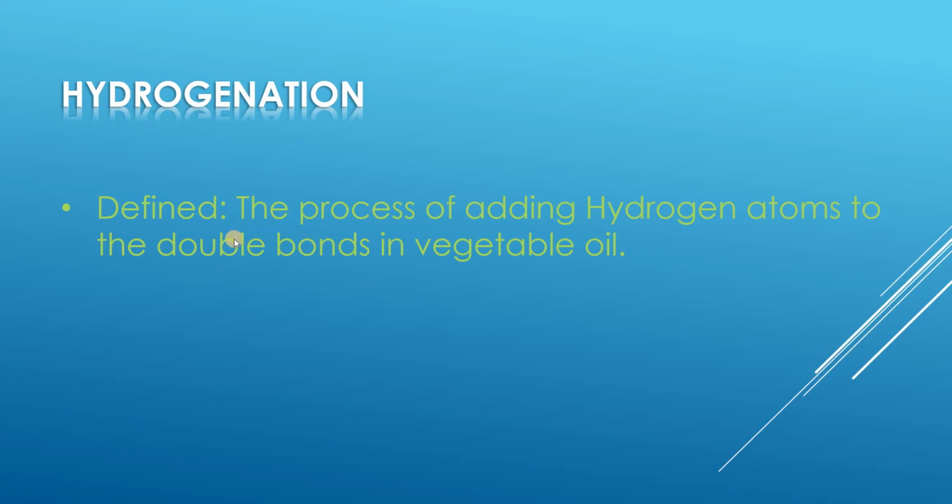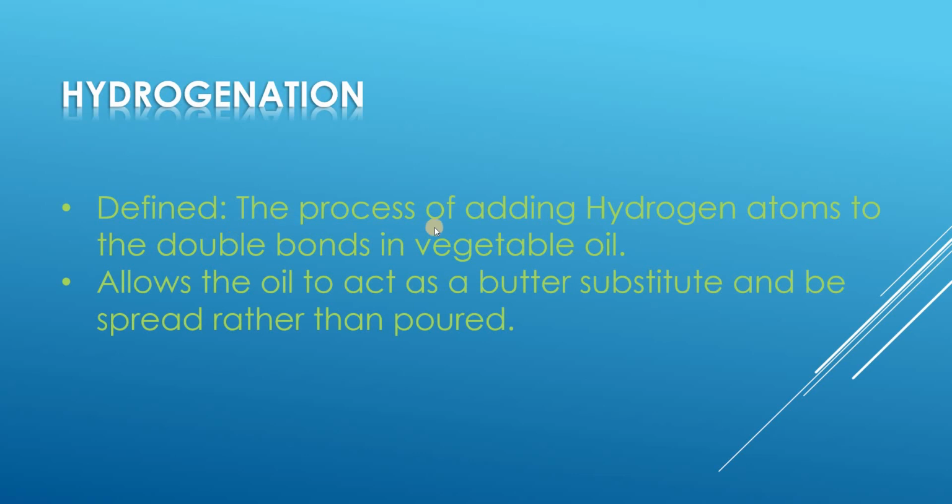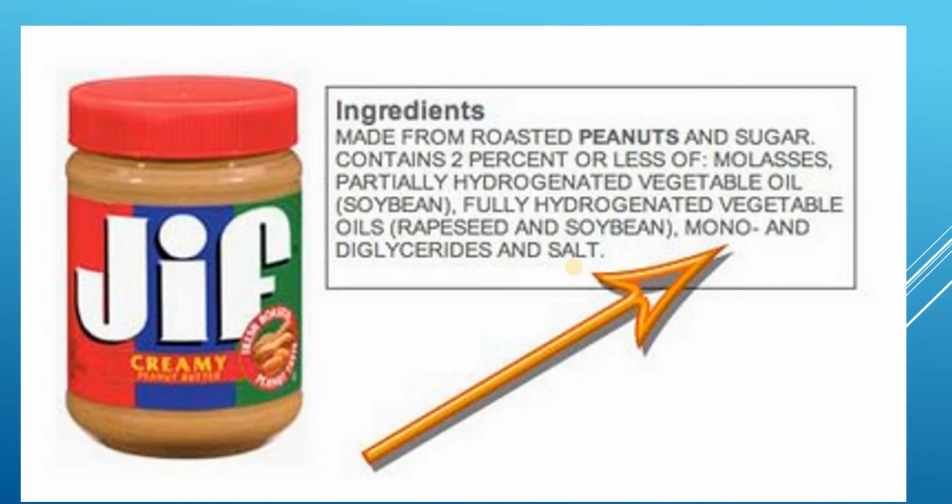Actually, we're making single bonds now to change that oil into a butter or a paste that could be spread. So it allows the oil to act rather than as something that would soak in, more as a spread. And so a butter substitute could be spread rather than poured.